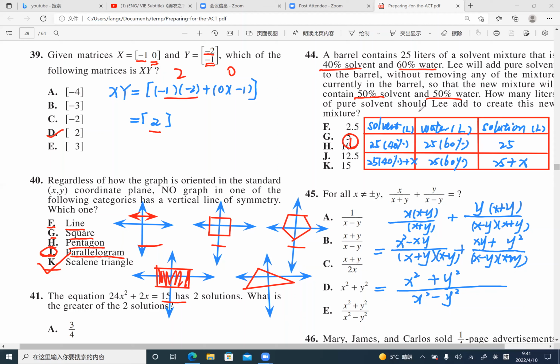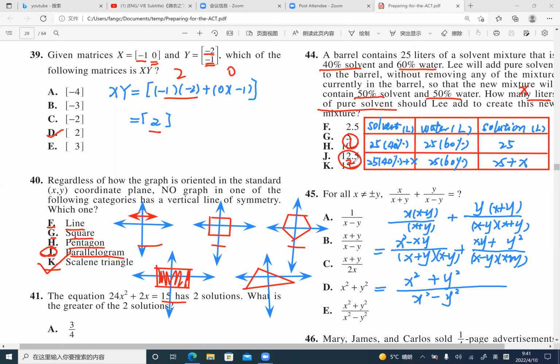The solvent is 25 times 40%, and the water is 25 times 60%. And the total amount of the solution is 25 liters. After we add X liters of pure solvent, we use X to represent the number of liters of pure solvent we add.